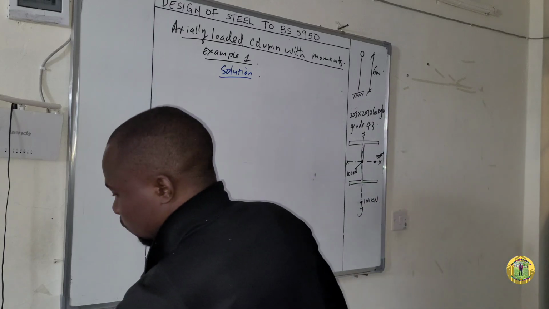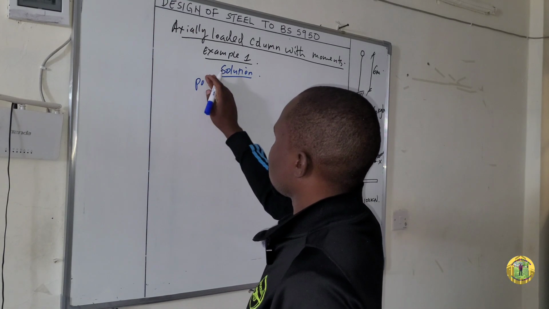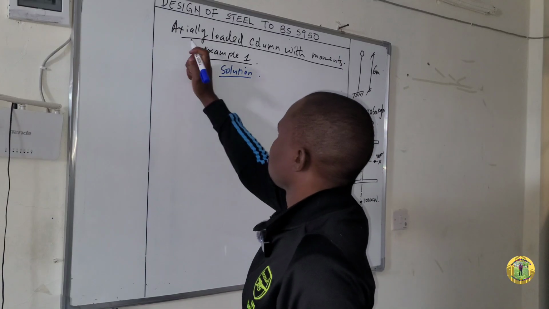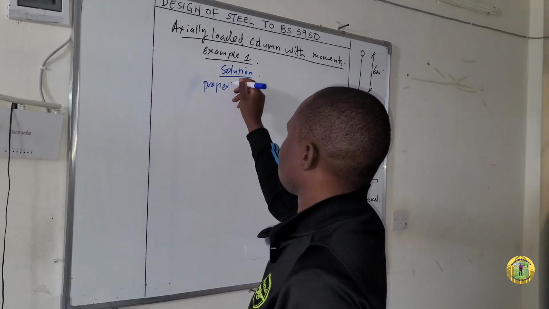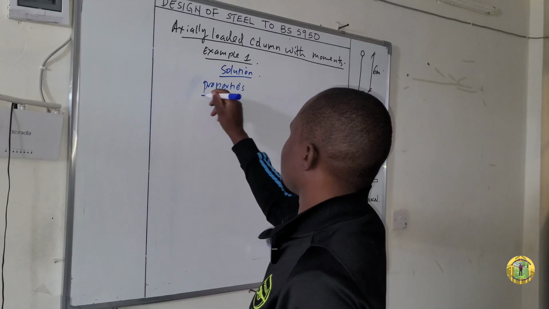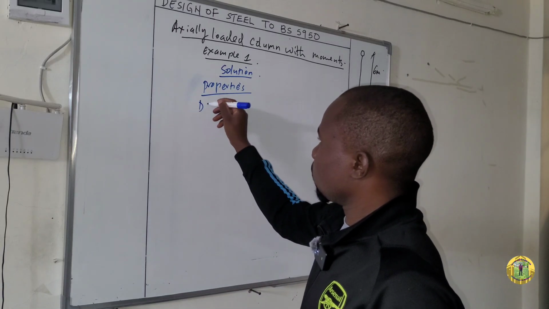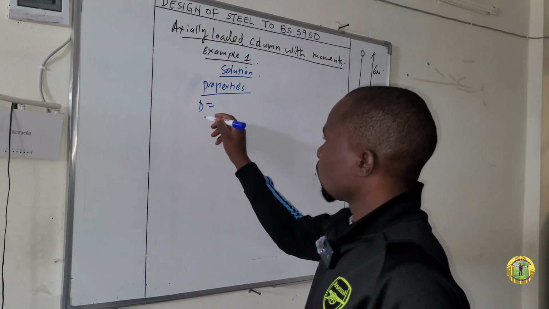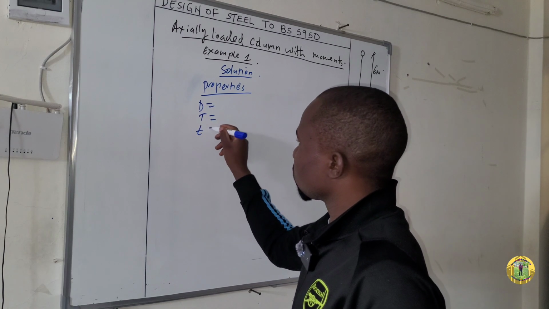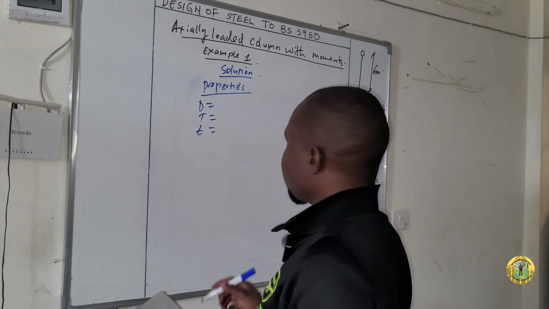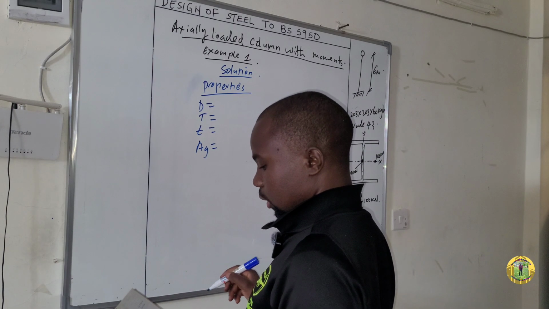Under properties, you will obtain D, T, capital T, small t, then the area, which is AG.